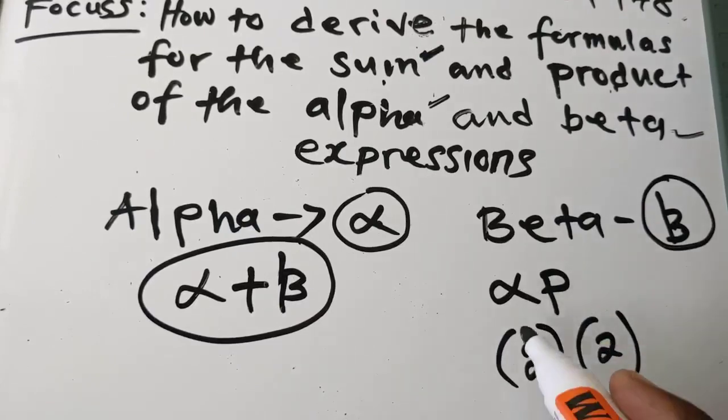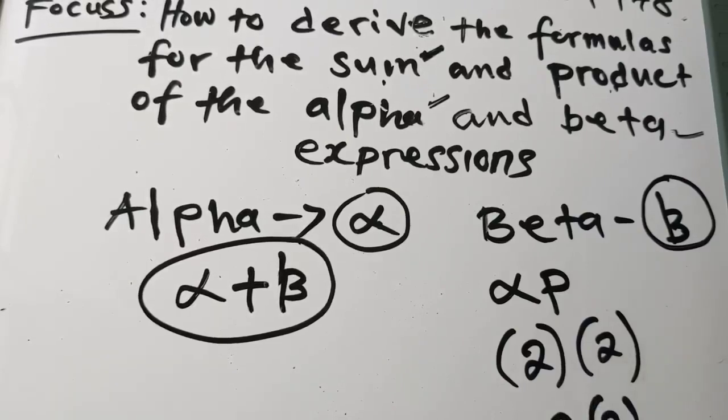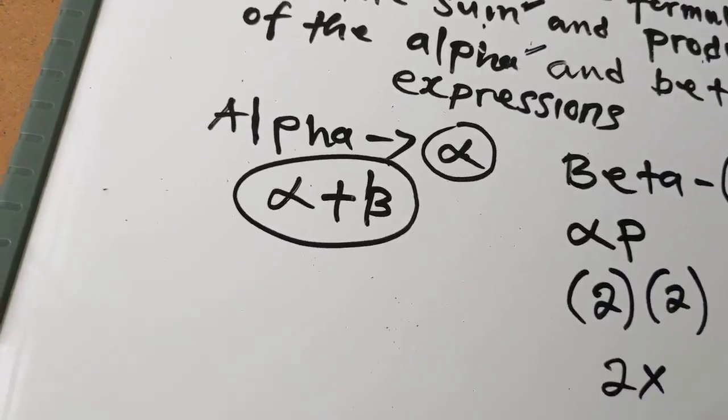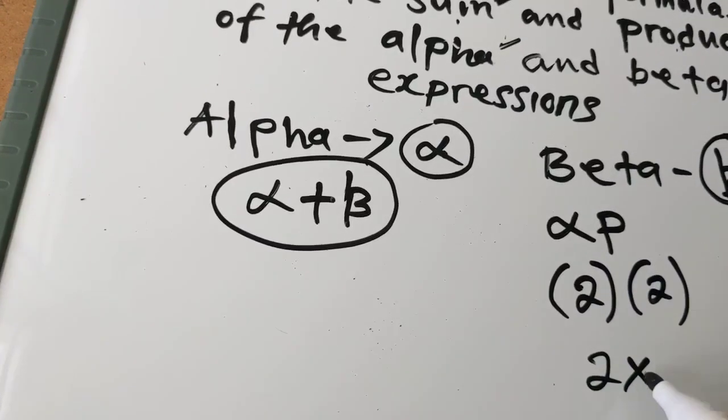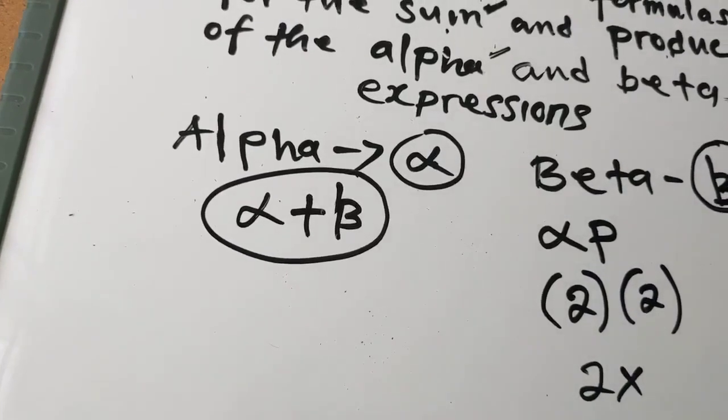So even if you put them like 2 multiplied by x, that is 2x. When you find the value of x, let's say the value of x is 2, then you will just replace it and multiply.